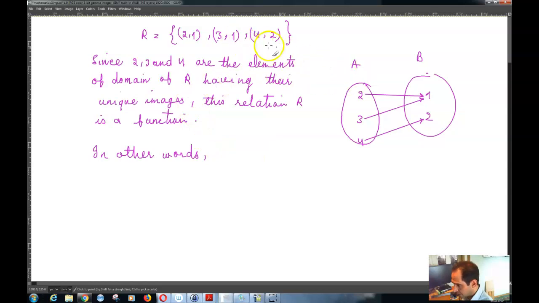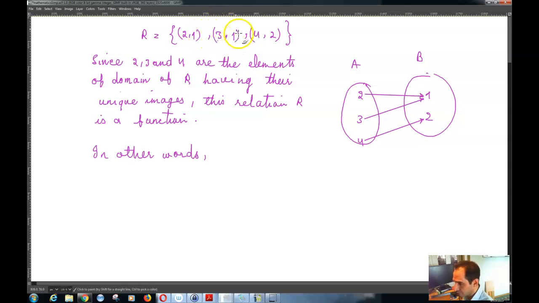So the distinct pairs in f in this case are (2, 1), (3, 1), and (4, 2). It says that no two distinct ordered pairs in f have the same first element.